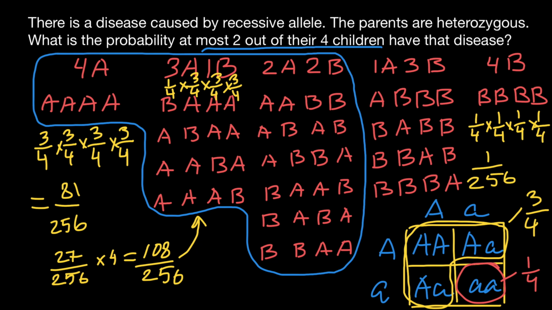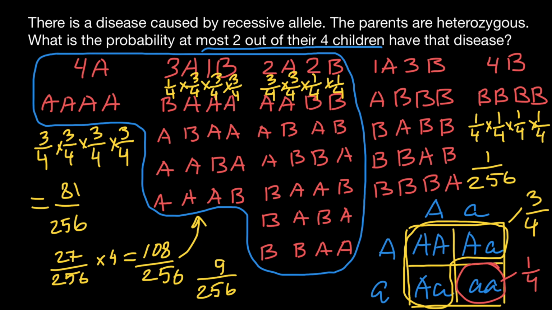And as for this column, our calculations are going to be as follows. 3/4 is the probability to have a healthy child, 3/4 probability to have a healthy child, 1/4 and 1/4 here. Again, we have to multiply all these numbers. And what we are going to have, 3 times 3 is going to be 9, times 1 times 1 is going to be 9. So we are going to have 9 in the numerator and 256 in the denominator.